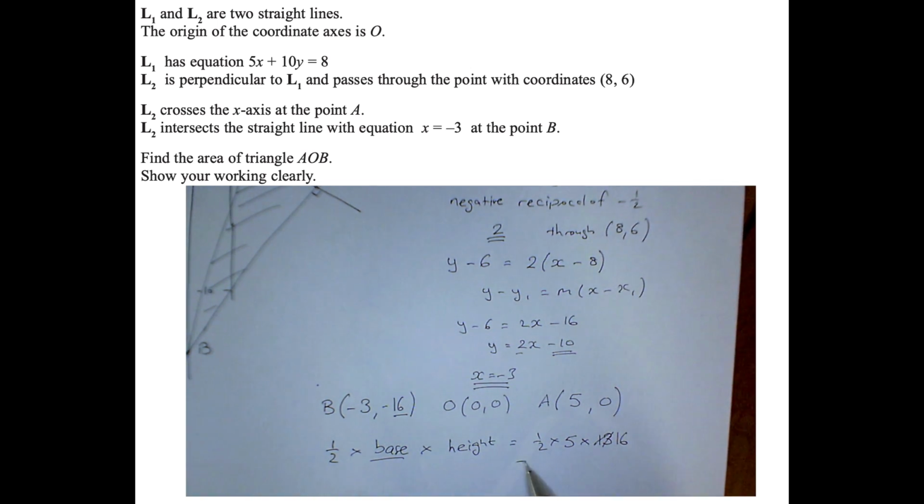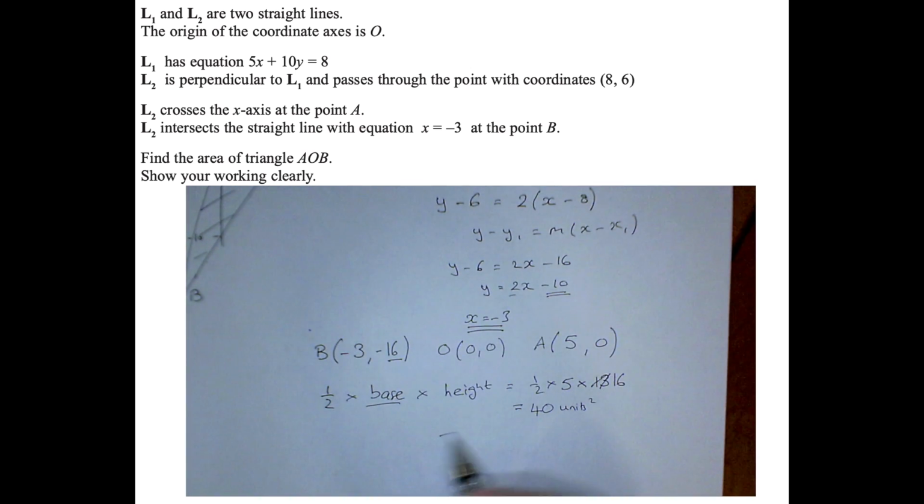And so half times 5 times 16 is going to be 40, and there we have it. I'm going to write a little sentence for my examiner. So the area of triangle AOB is 40 units squared. Right, and there we have it.